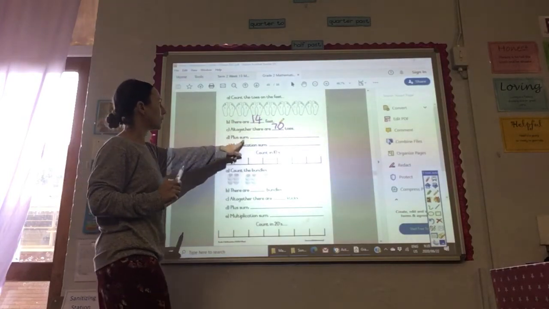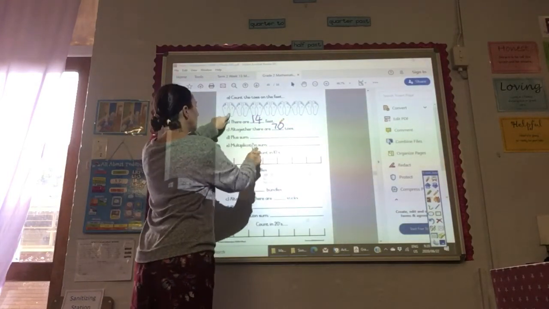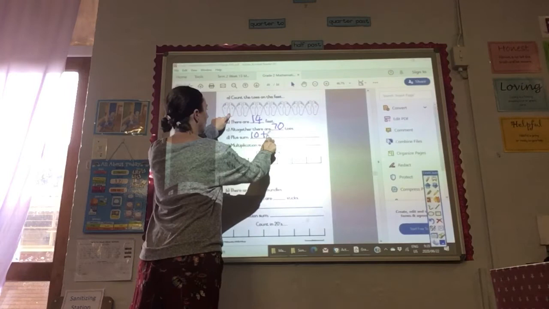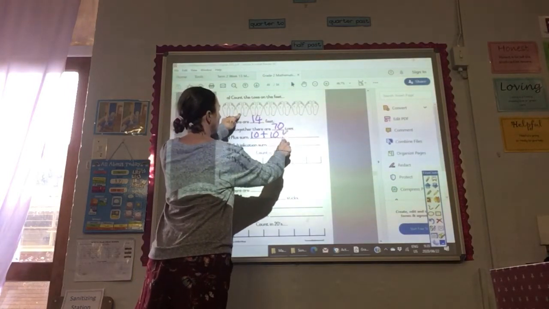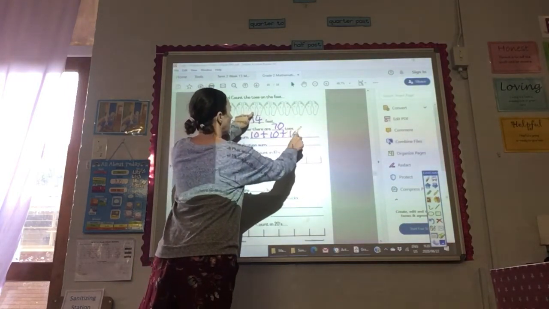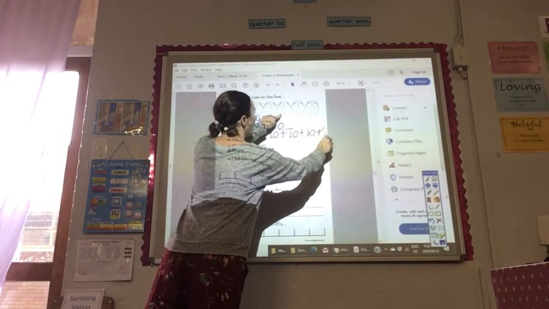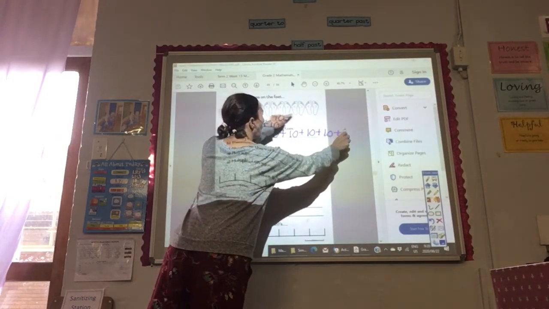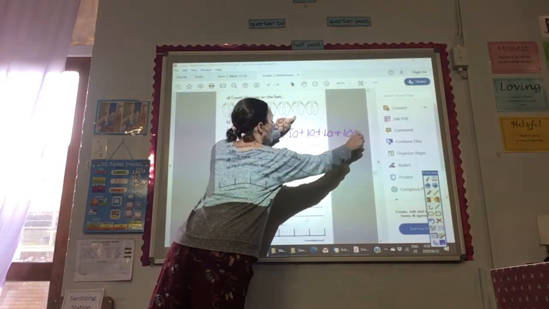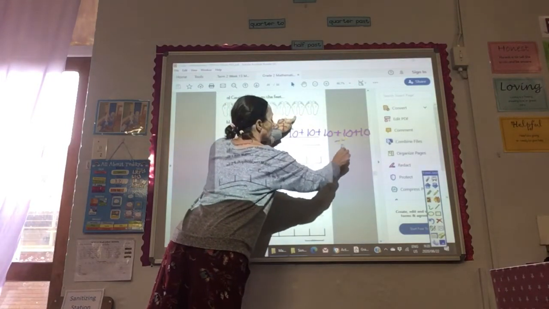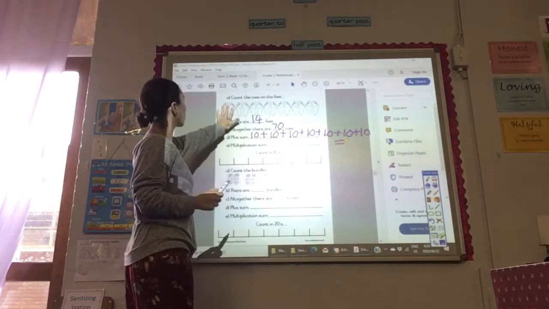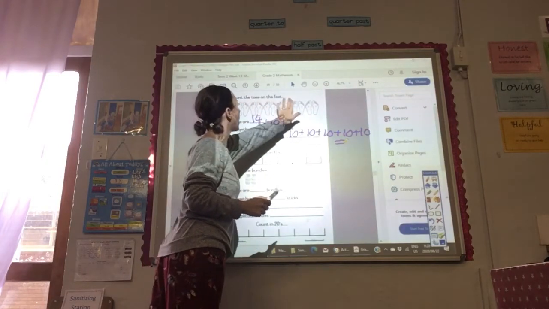So your plus sum could be 10 plus 10 plus 10 plus 10 plus 10 plus 10 plus 10 equals. So let's just count to make sure we've got 1, 2, 3, 4, 5, 6, 7.